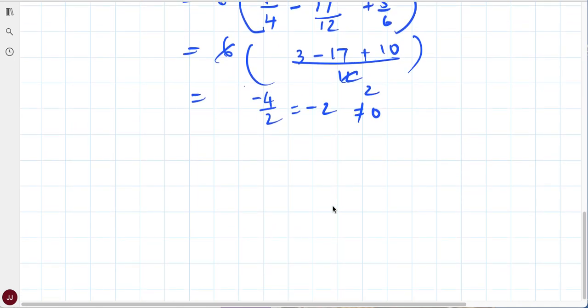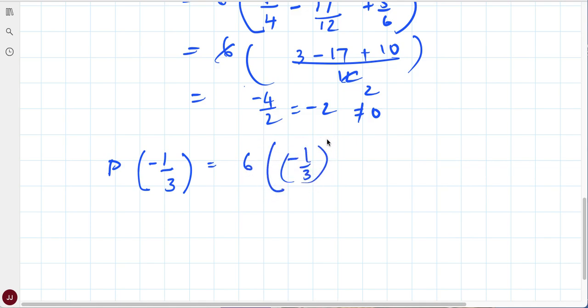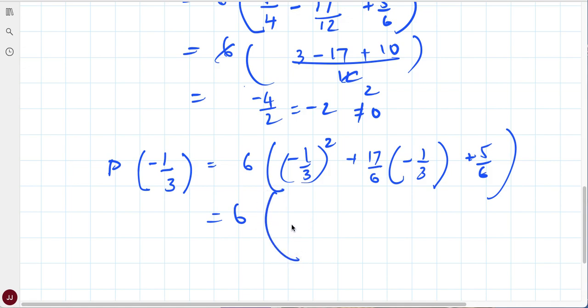So now let's try with p of minus 1 by 3. Okay, so that will give 6 into minus 1 by 3 whole square plus 17 by 6 into minus 1 by 3 plus 5 by 6. So 6 into minus 1 by 3, sorry, square, right?